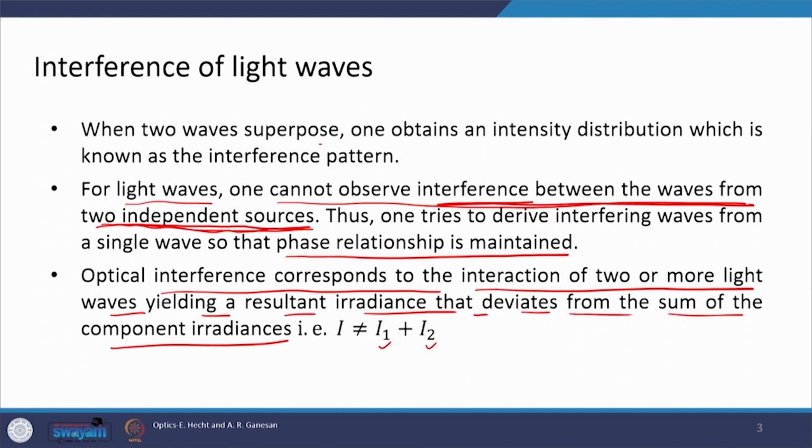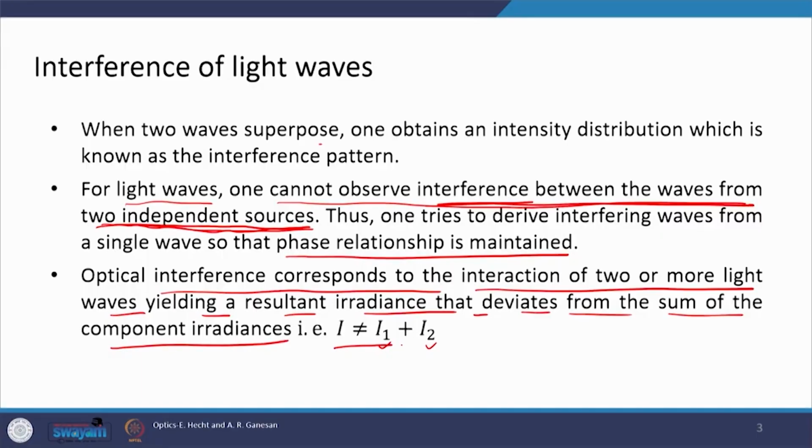We know that interference follows superposition principle, and what superposition principle says is that the amplitudes of the two waves must be summed vectorially, not the intensity. And if we sum up the amplitudes, then to calculate intensity we will have to square them, and if we square amplitude A1 plus A2, then there would be a cross term also. Therefore, I will never be equal to I1 plus I2.